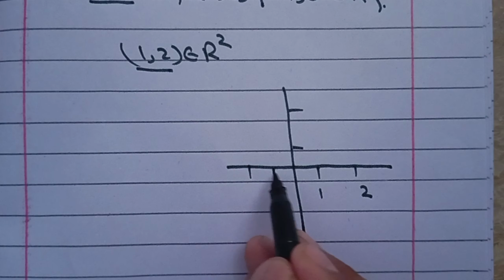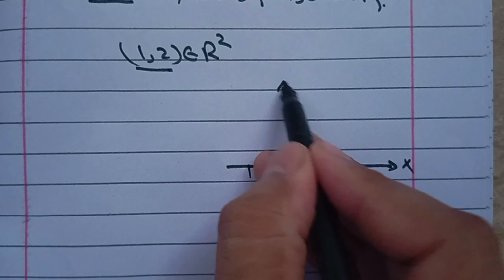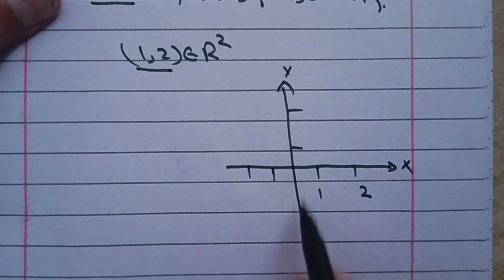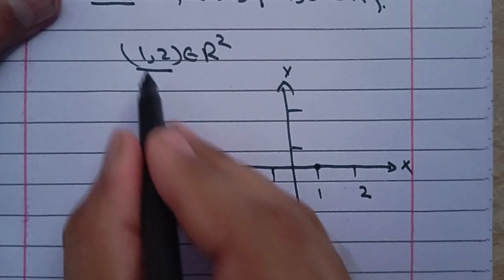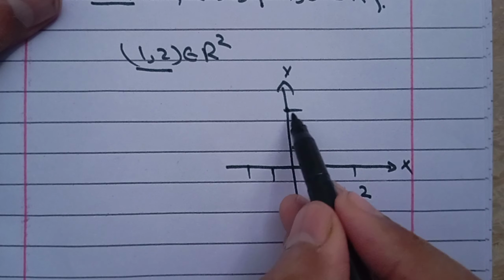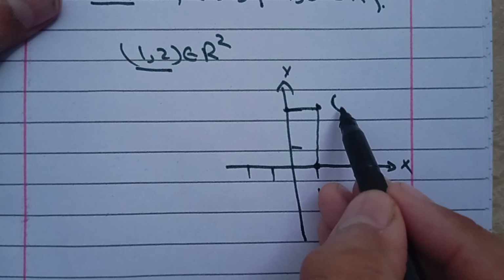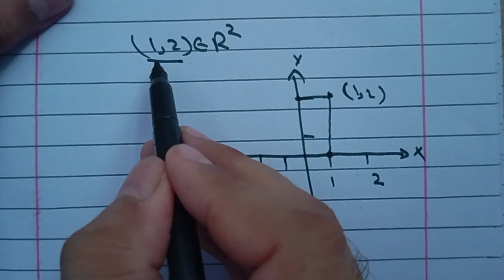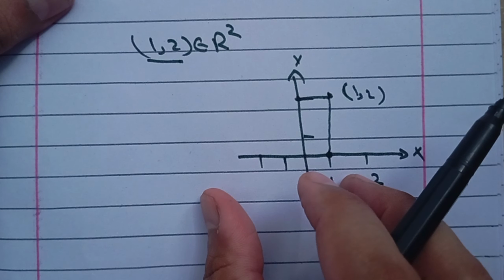So this element is on the x-axis and this element is on the y-axis, and we can say that this line is a real line and this line is a vertical real line. So 1 is here and 2 is here. So this is the point of ordered pair (1, 2). So this is how we can represent each ordered pair of R square in a Cartesian plane.